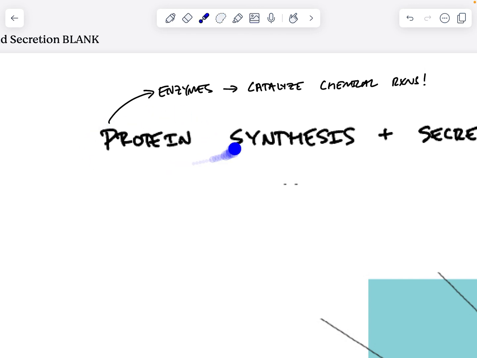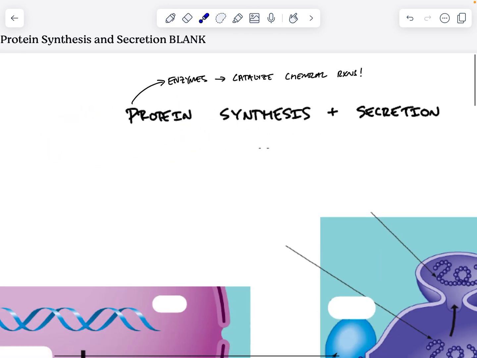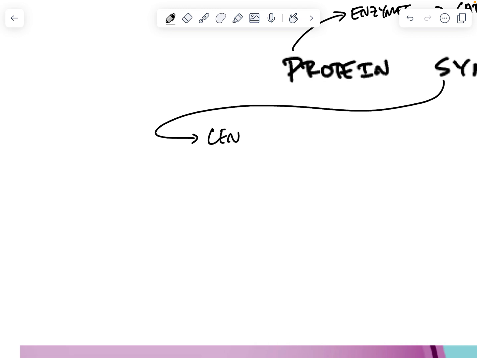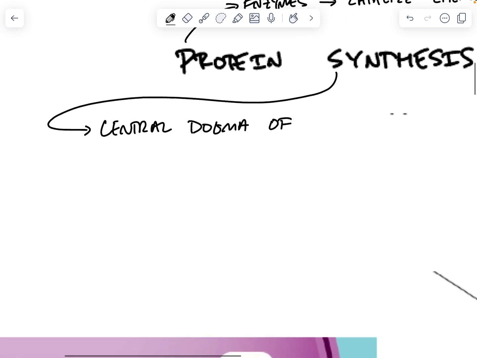So proteins play a super important role in living things, and they need to be made and then brought to the place where they're going to be used. The synthesis part we call the central dogma of biology.